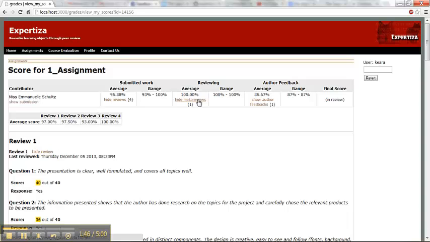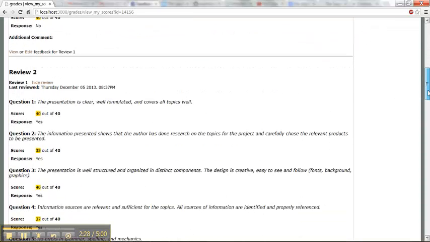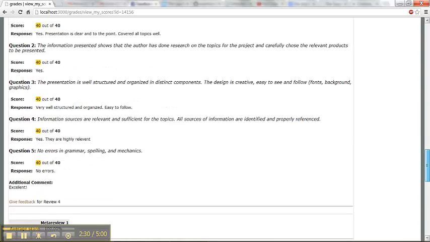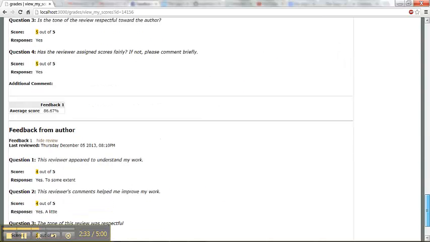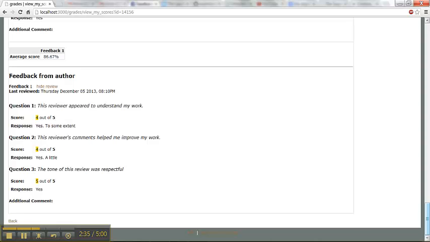Also observe that meta reviews and author feedbacks are also displayed in a similar fashion. Note that there is no correlation between meta reviews and the corresponding reviews, and author feedbacks and their corresponding reviews.